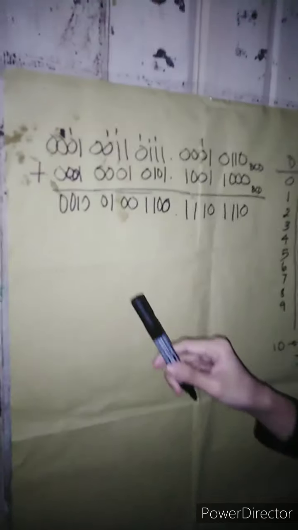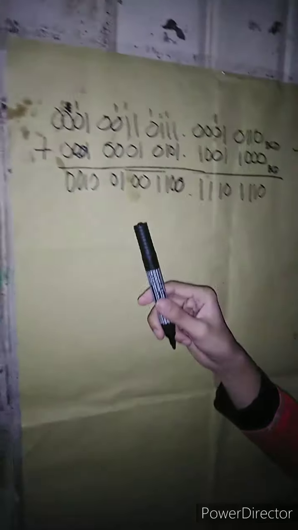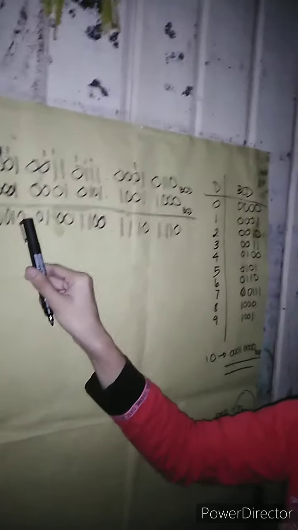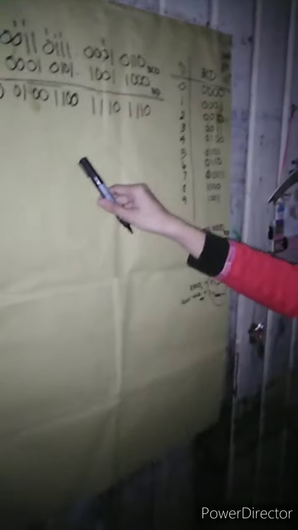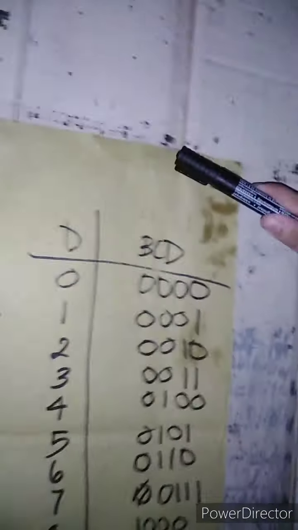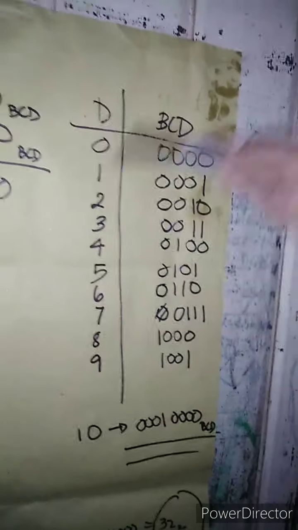But we're not done yet because as you see, there are some sets of 4-digit numbers here that are not existing in this table.